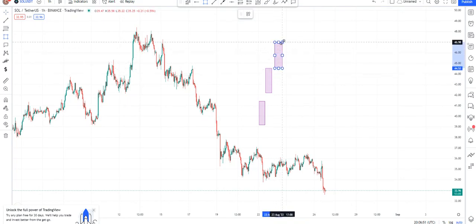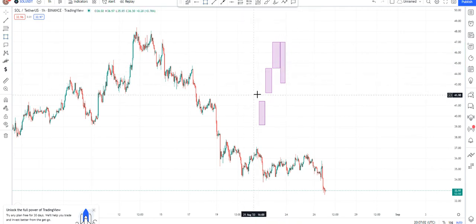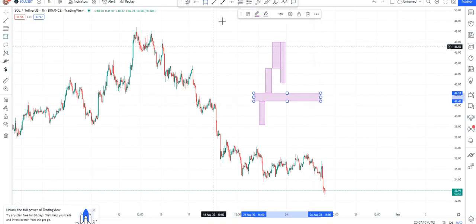So once price starts retracing, this place will act as kind of an invisible order block.